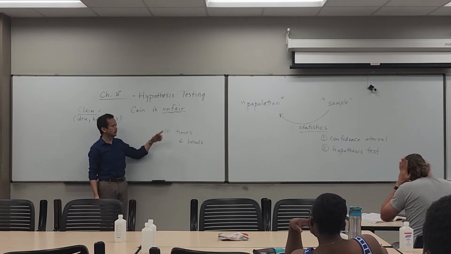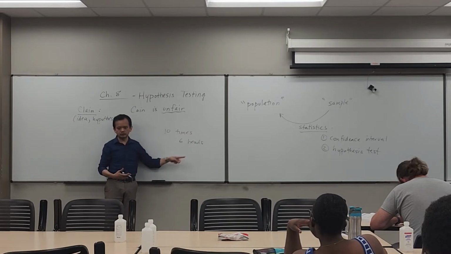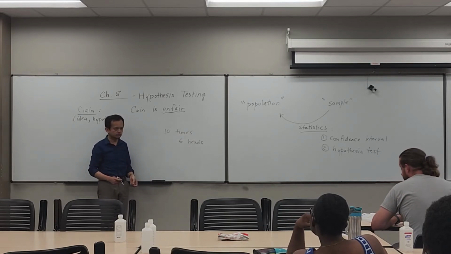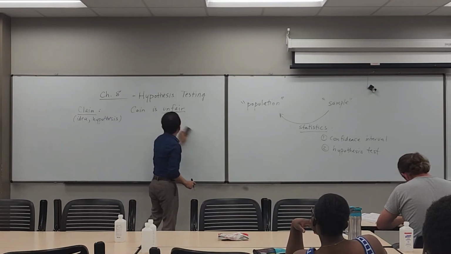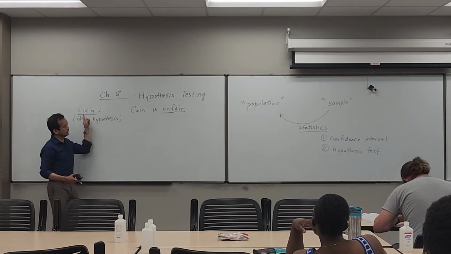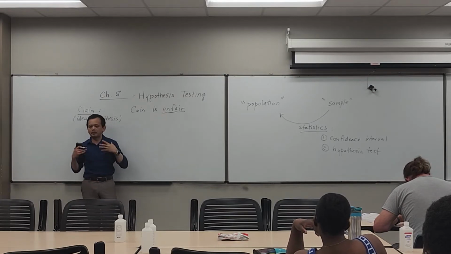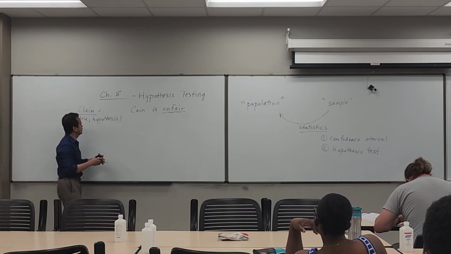In the short run, even if the coin were fair, it could still result in a number of heads that's not 50%. Okay. So this claim is a statement about the population of coin flips. This claim has to do with the population.